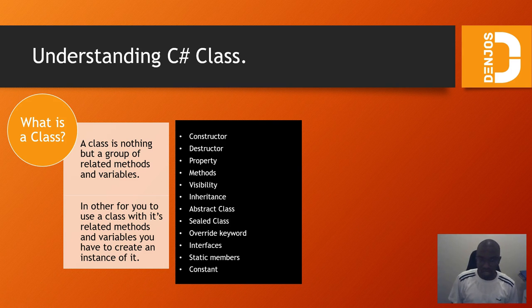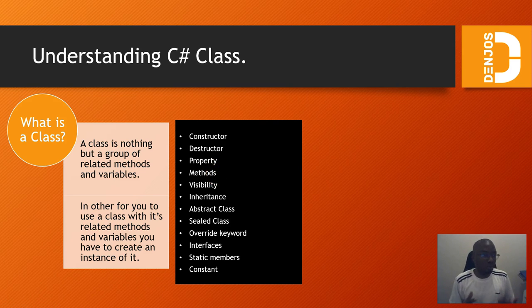The list you see on the screen right now, the one with the black background, is a couple of things that exist in the class that you will be using from time to time. For example, the constructor, the structure, property, and methods you've seen before.